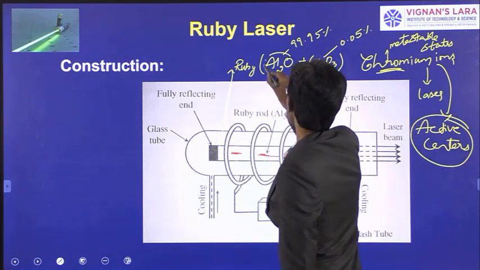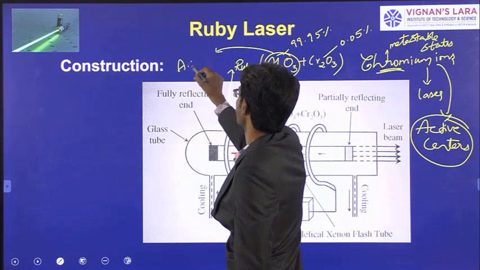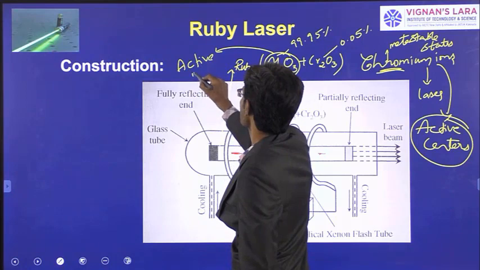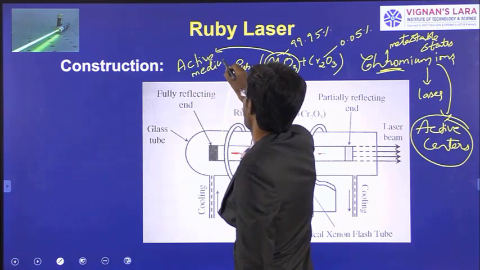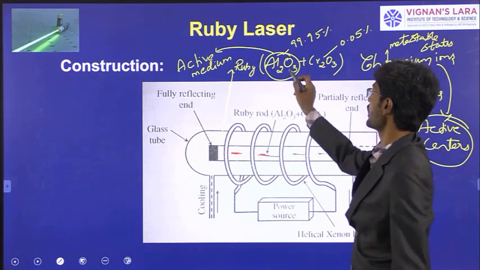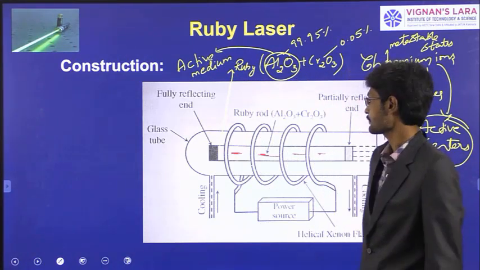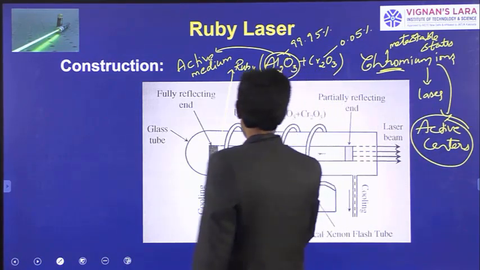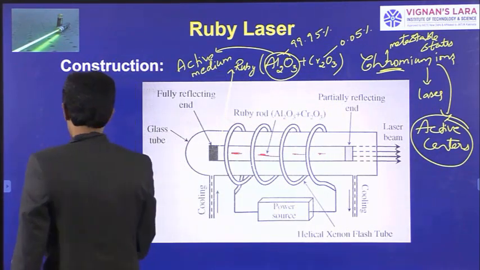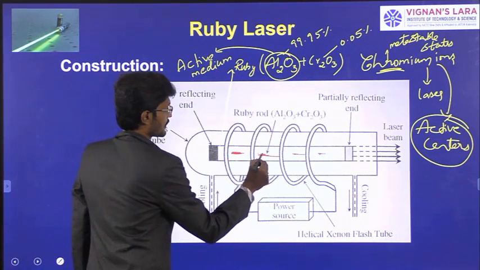And this aluminum oxide, Al2O3, is called the active medium because this medium helps the chromium ions for the production of laser. Now, this ruby rod seems to be pink in color.